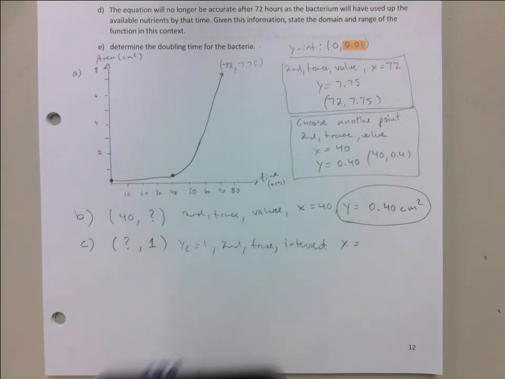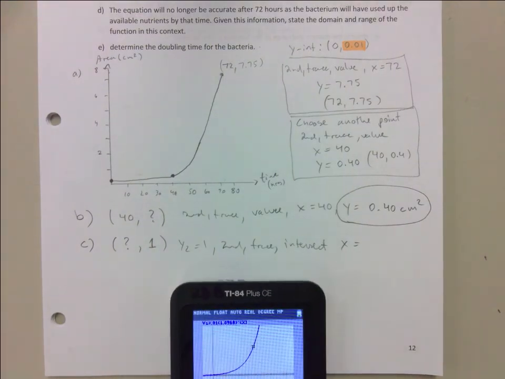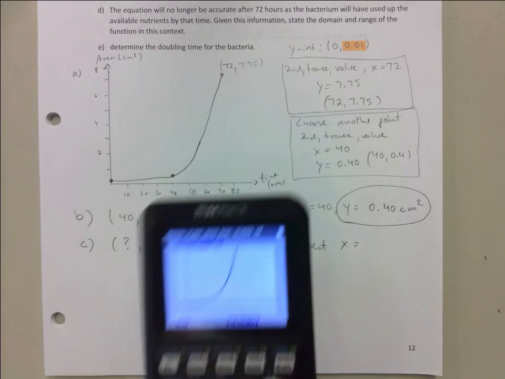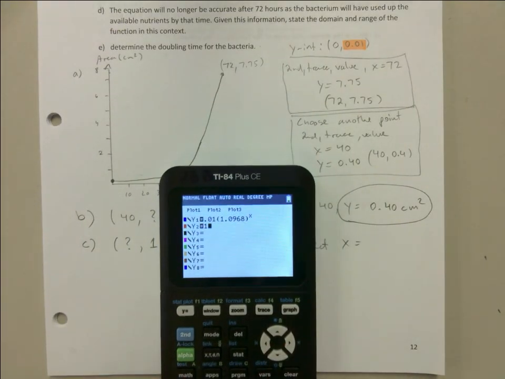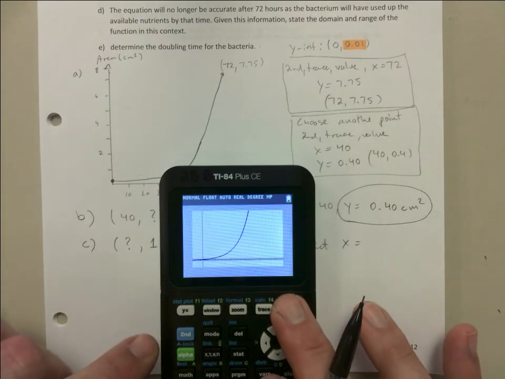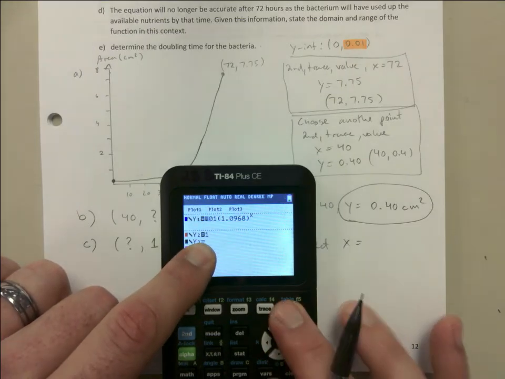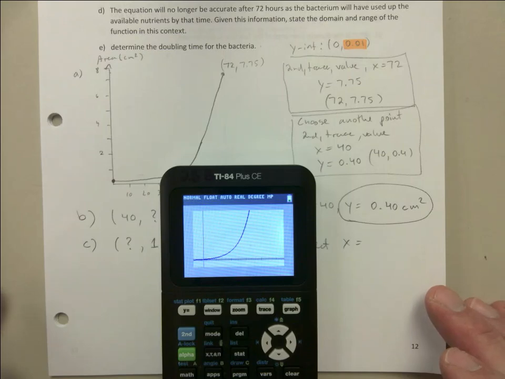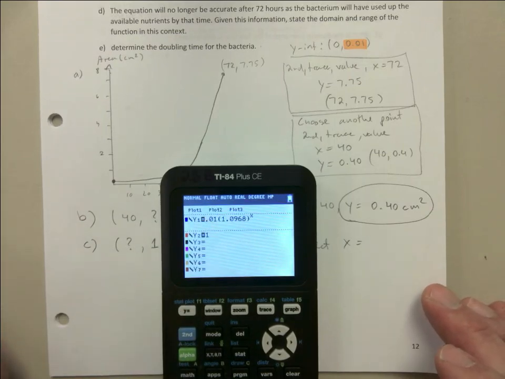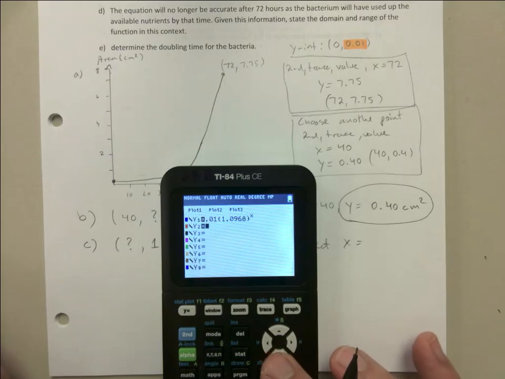This way, I try to make it appear on the screen. Let me just do this real quick. Y is equal to 1. What's happening?